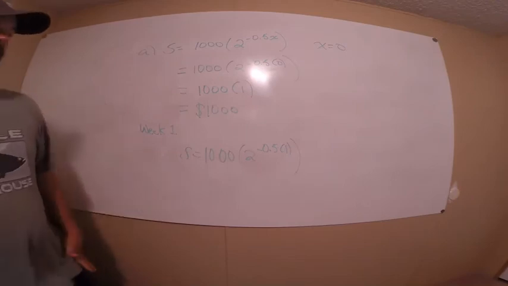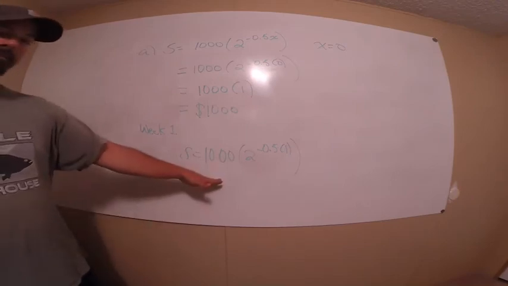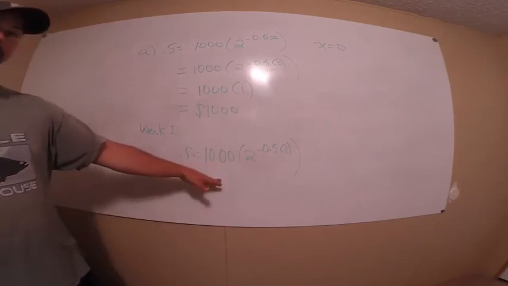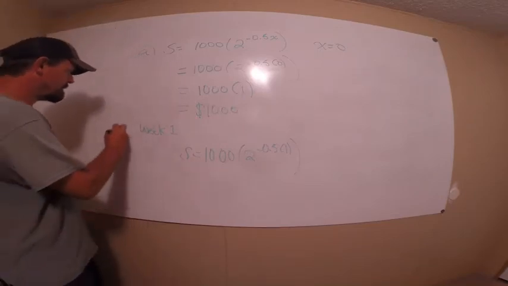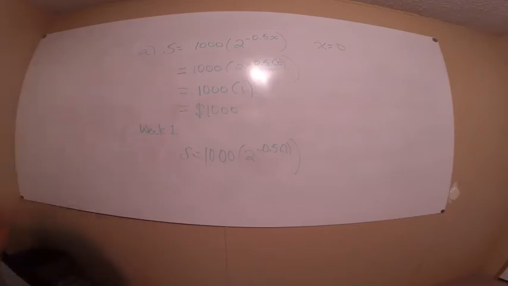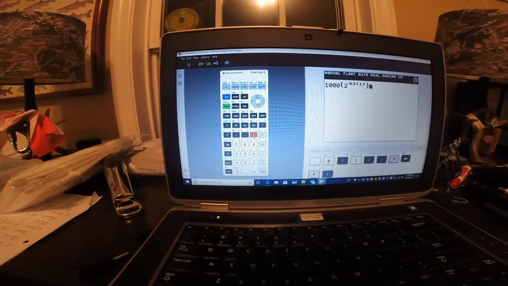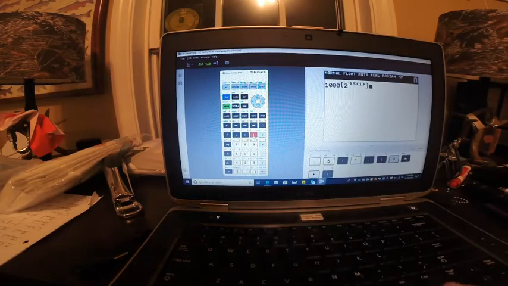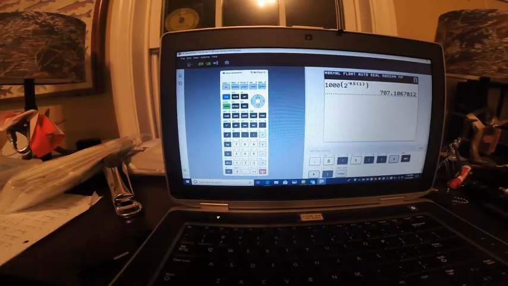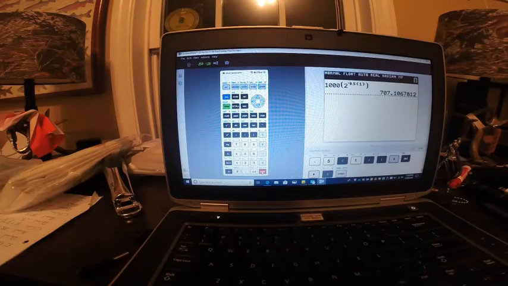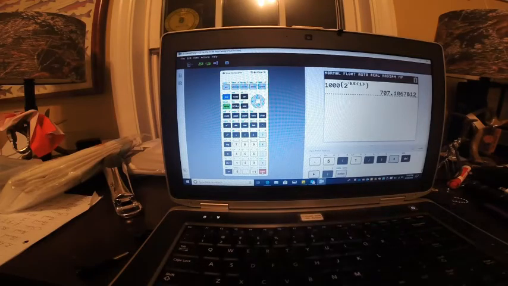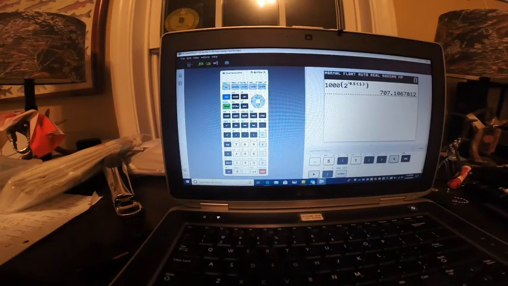Now, I'm going to go to the calculator and we're going to figure out exactly what this number is for week 1 for part B. Alright, so if you type it on the calculator, 1,000 times 2 raised to the negative 0.5 times 1, you get 707.1067, and you'll round appropriately. If it tells you to round to 2 decimal places, it'll be 707.11. Easy enough for part B.